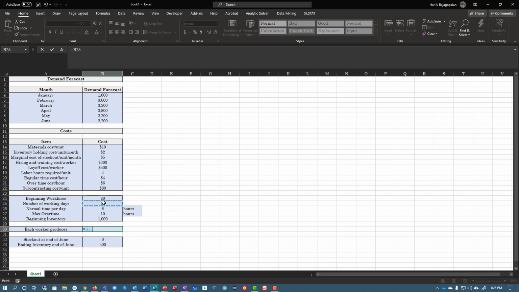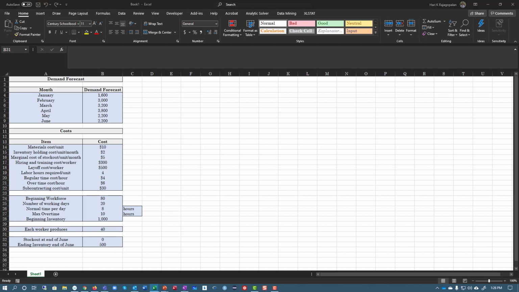You're going to say number of working days multiplied by number of hours per day, right? 20 days a month, 8 hours, that's 160 hours a month, and it takes about 4 labor hours per unit. So you need to calculate that and keep that ready. Once you have this ready, we can start working on our aggregate plan.